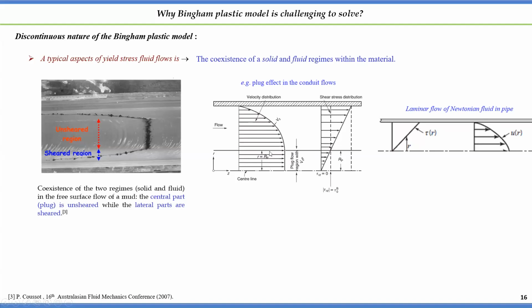So in this region, the velocity gradient is zero, but it is still moving with some constant velocity. Now you can understand why toothpaste moves like a plug. You can think about this central region like your toothpaste coming out from the tube.